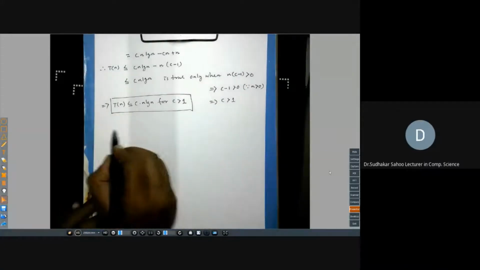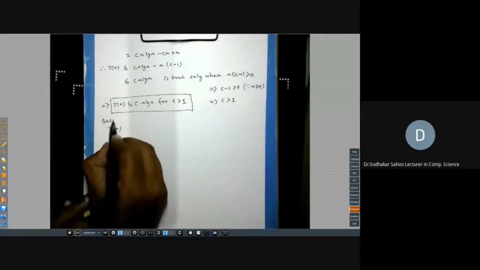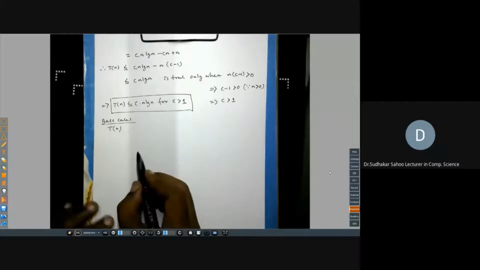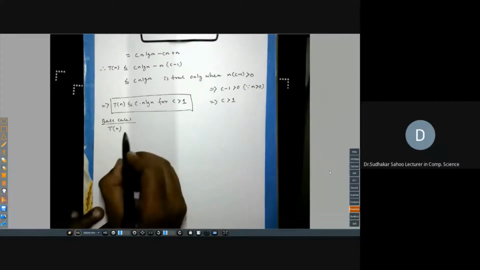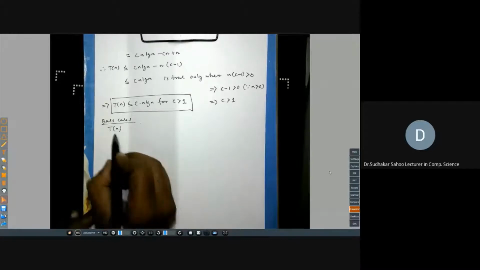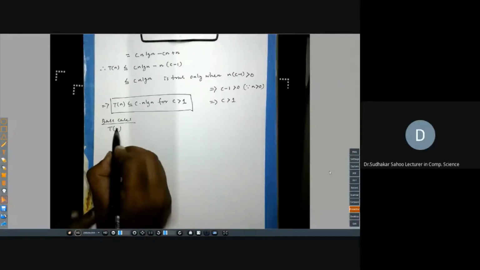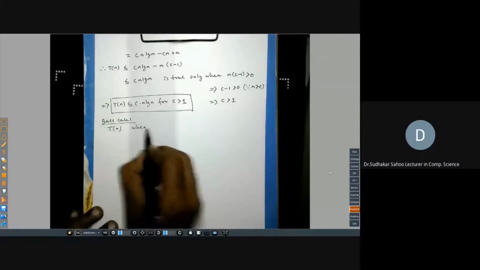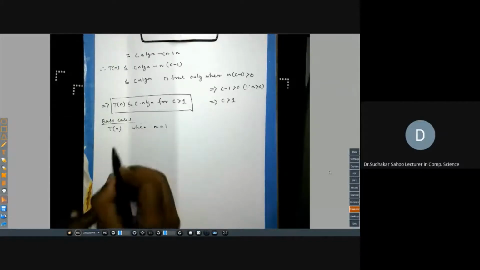First let us start from 1. So what is T of 1, or the base case? Let us prove. Right. What is T of 1? Let us calculate T of n when n equal to 1.